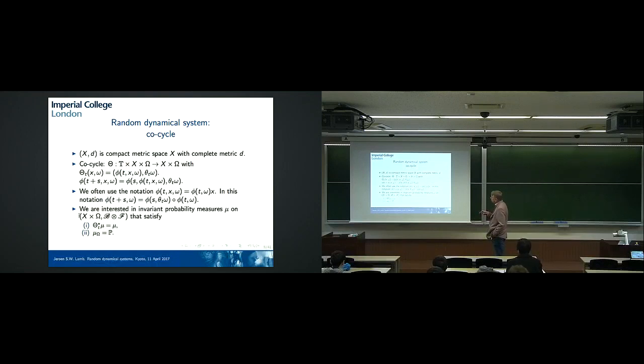So we have the cocycle on the space E, and it has a part in the fiber and a part which is basically the randomness. Then we have the composition of phi from this cocycle in the following natural way. What is important is that when we compose, we always have to shift the time variable in the right way.